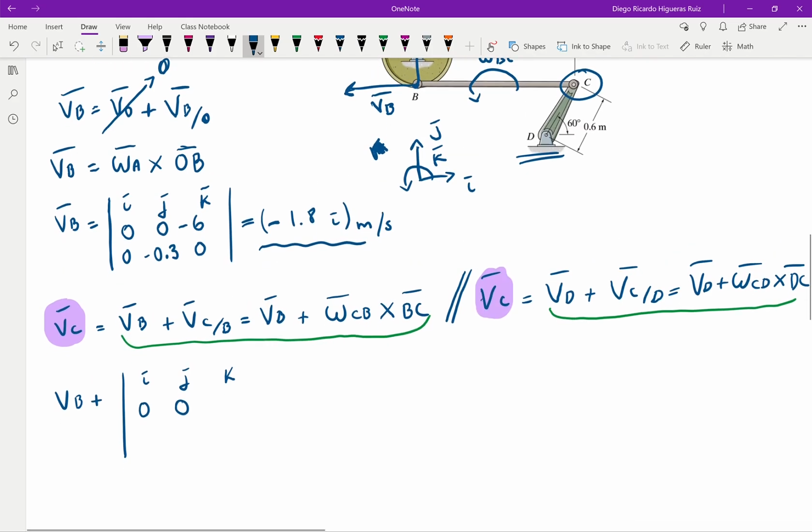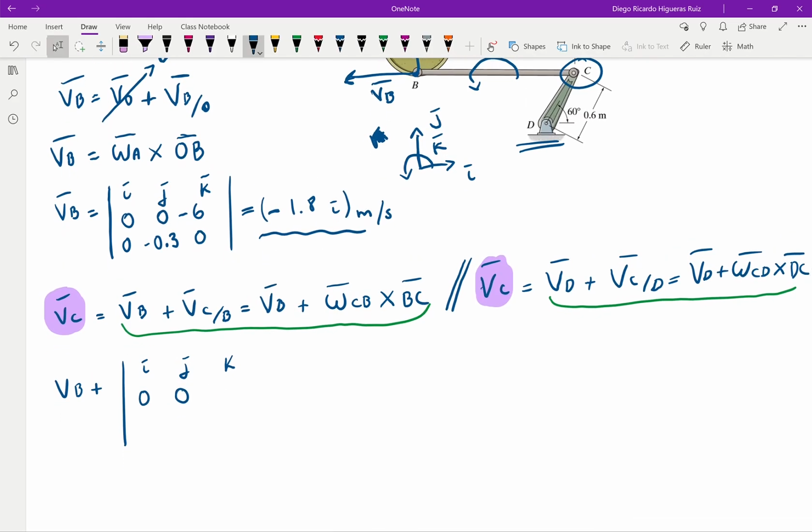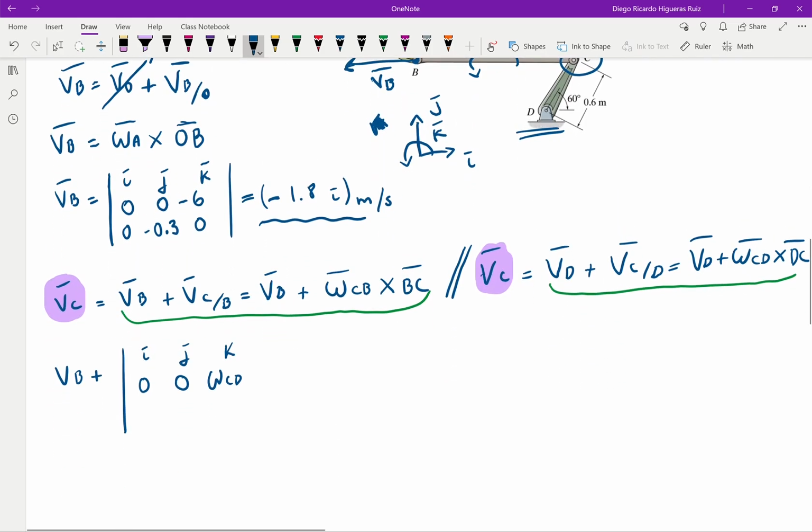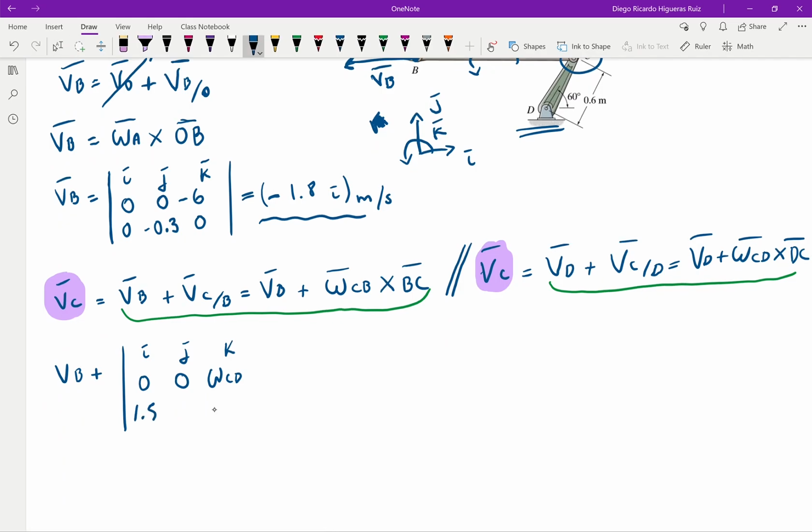I assumed it to be positive, so it's going to be omega CD, and then we're going to have positive, what is that, 1.5 in the I, so it's going to be 1.5, 0 and 0, and I close right there. Okay, that's the first part.